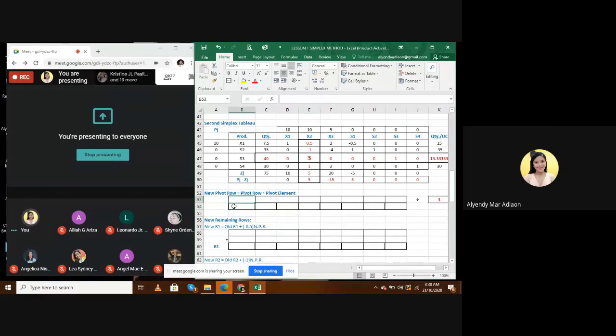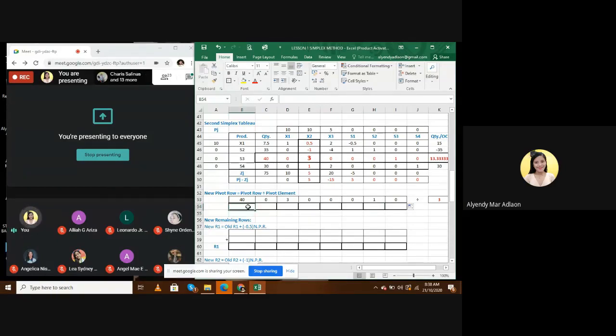So just like what we did last meeting, copy lang nato ang mga values, no? We start with 40, and then we also have, next is 0, then we have 3, oops, we have 3, and then we also have 0, 0, 0, 1, and 0. Okay?